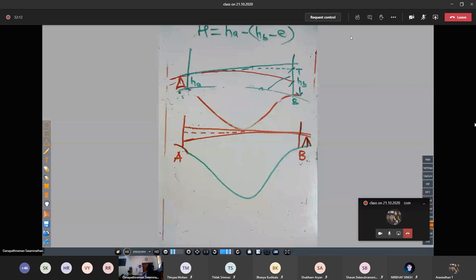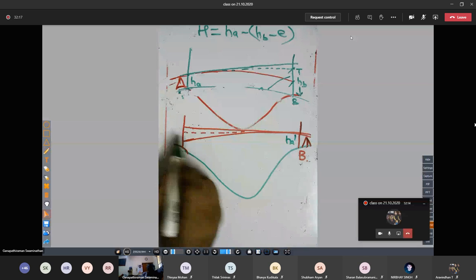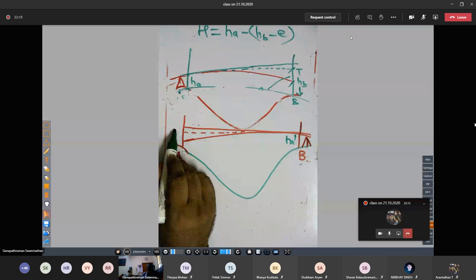Now I read this as HA dash and HB dash. So what is the true elevation difference?